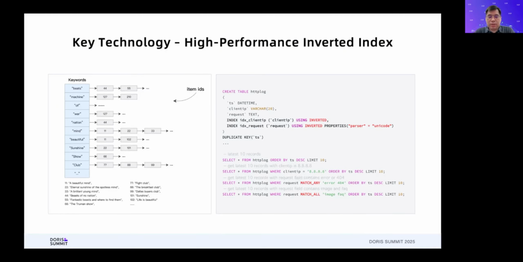In Doris, we also developed a high performance Lucene-style index in C++, utilizing the SIMD instructions of modern CPUs, which makes it faster than Elasticsearch. We also simplified the index structure, eliminating unnecessary data structures for the observability use case.